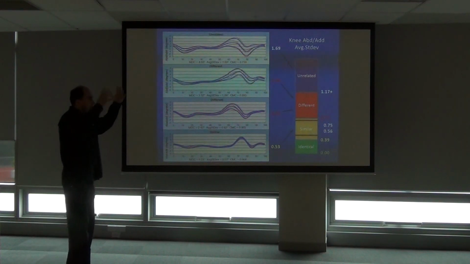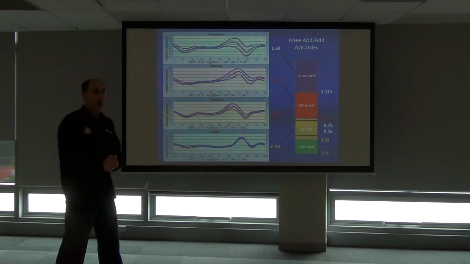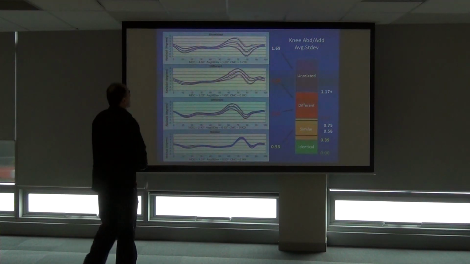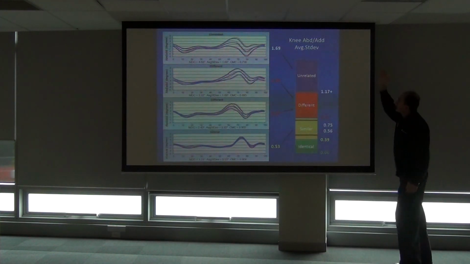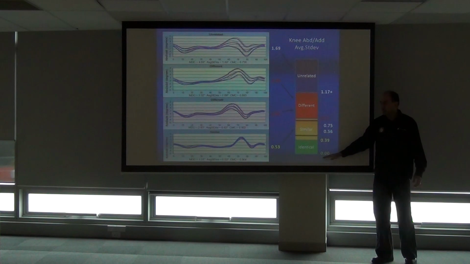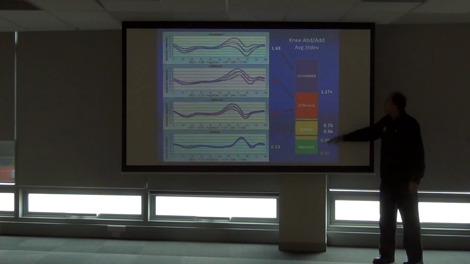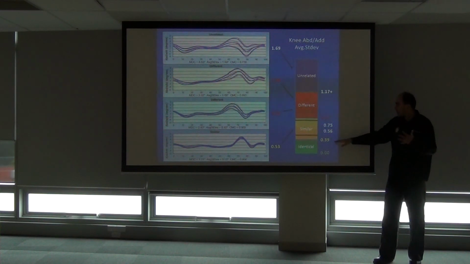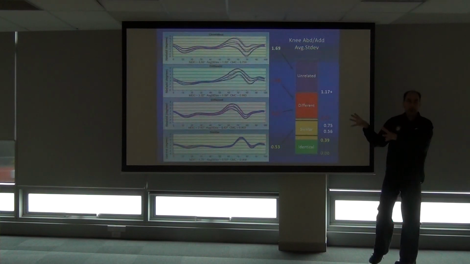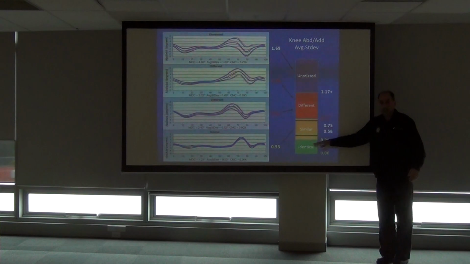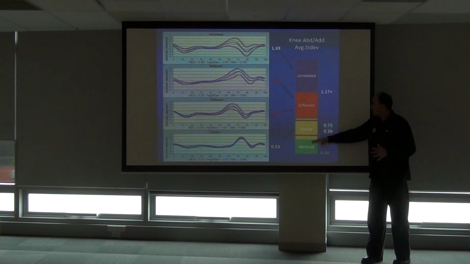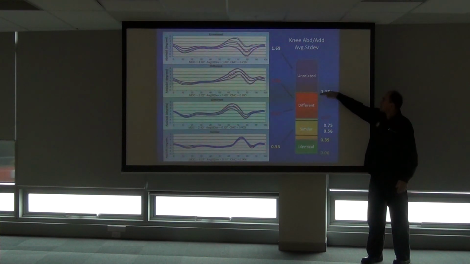Okay, so what does that all come to? You end up with something like this for average standard deviation, 0 at the bottom, and an average standard deviation of 0.39, which, okay, this is specific to each joint angle, where a boundary is considered where changing between identical to similar, similar to different, different to unrelated.